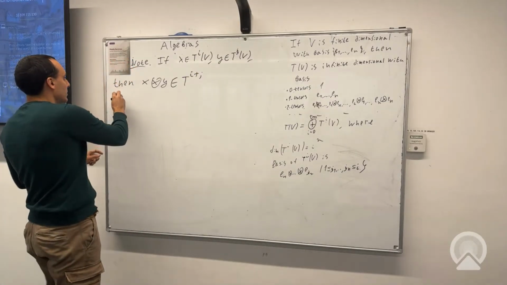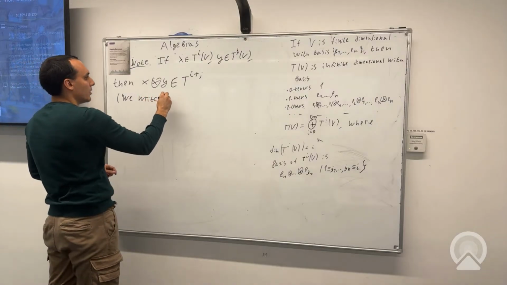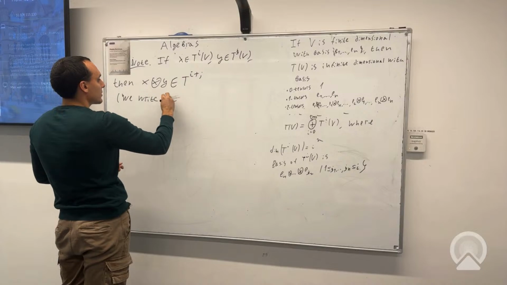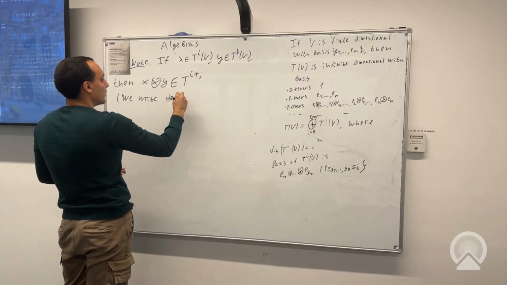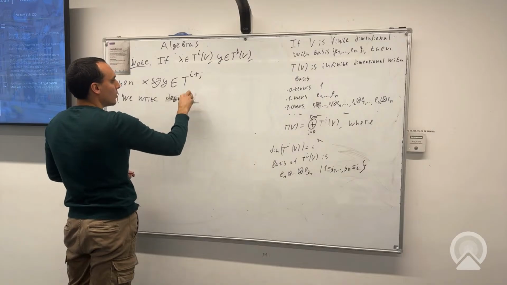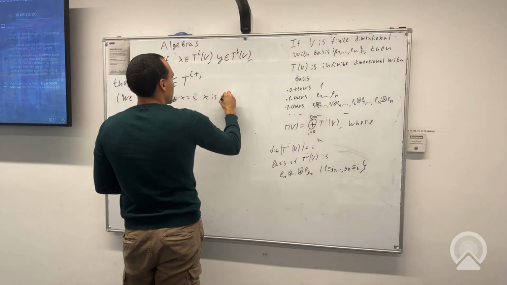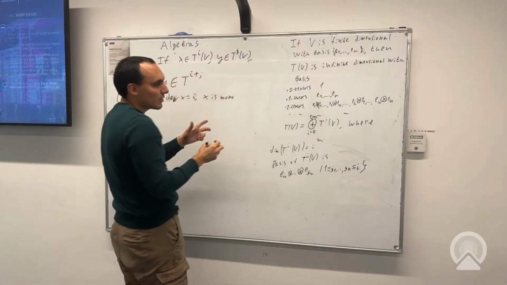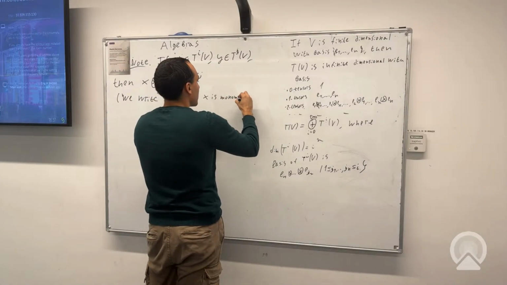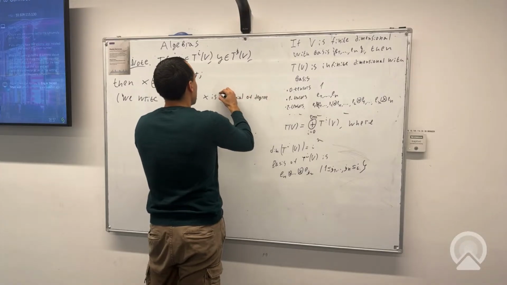So we write that the degree of x is i, or x is a monomial of degree i. X is a monomial, but a non-commutative monomial.